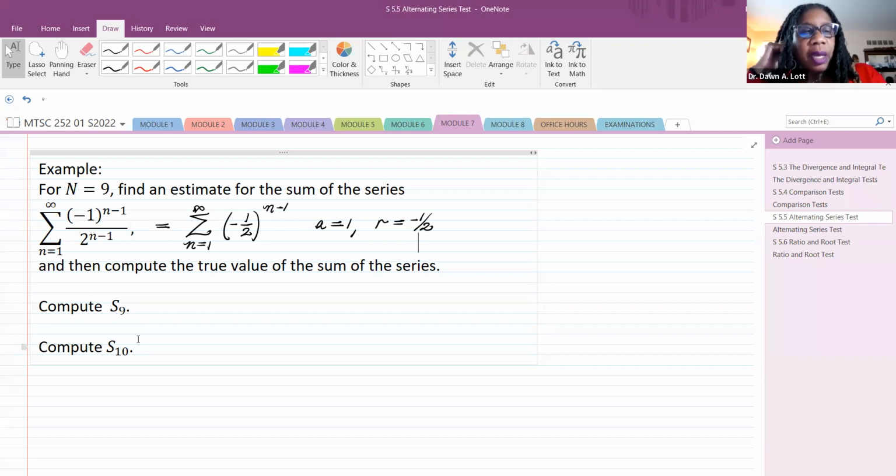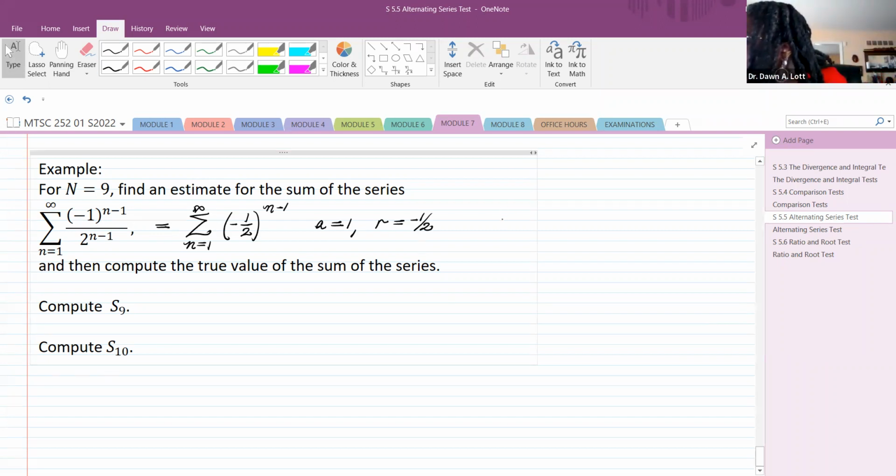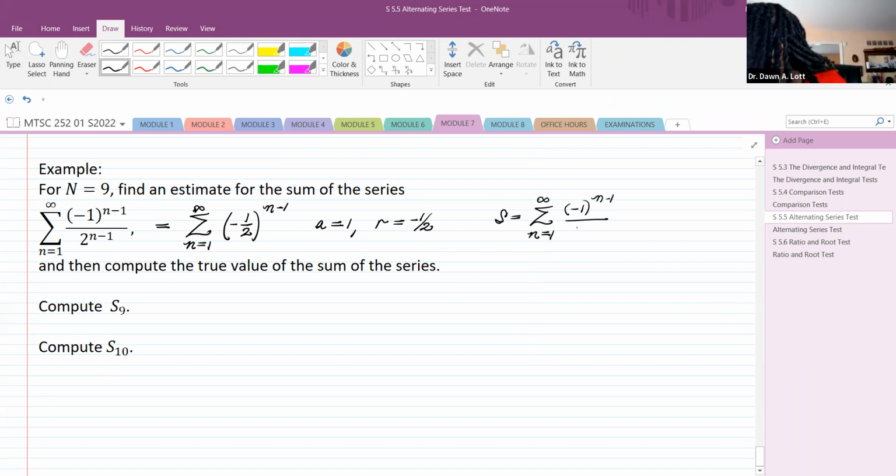So in the meantime, we know that S is the sum of the entire series. S for us is the actual sum of the entire series. It is a number. We know it is a number because the series converges. It's some finite number.